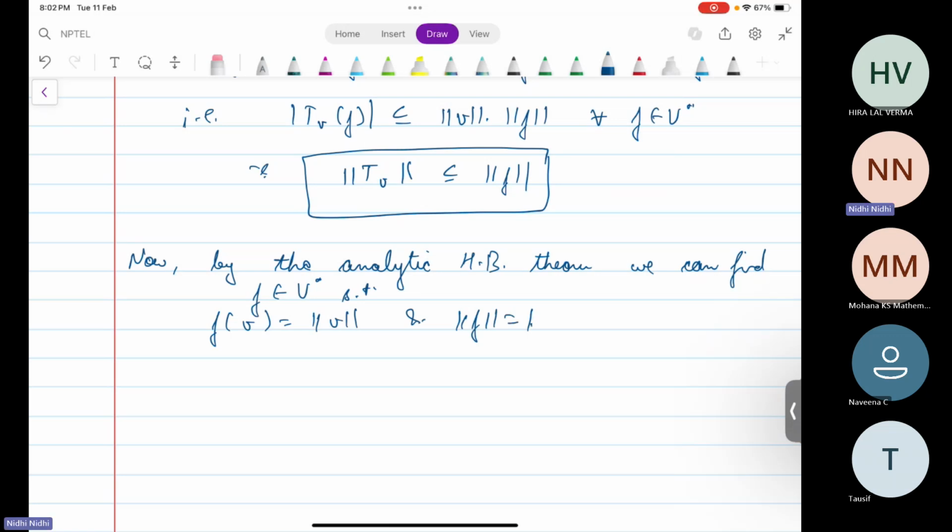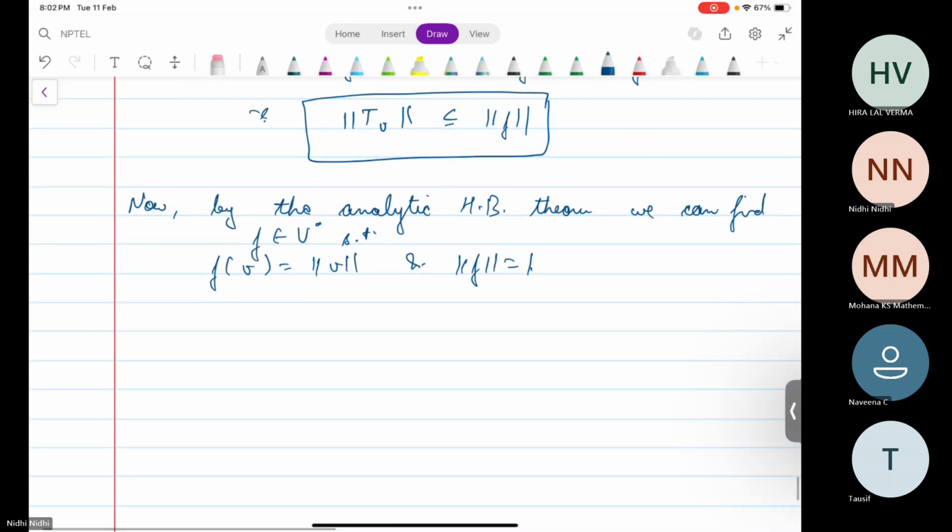This was one of the corollaries of the analytic Hahn Banach theorem.